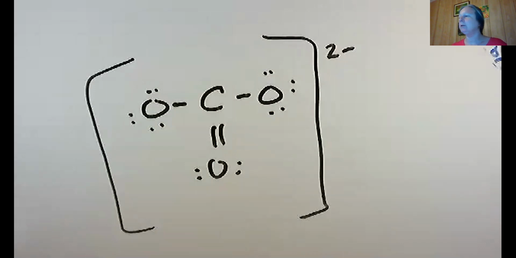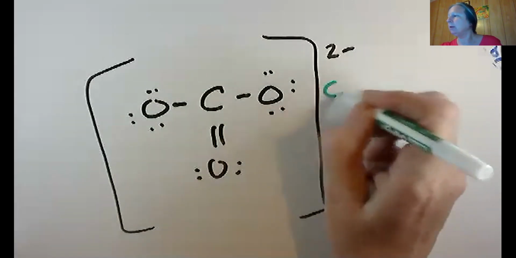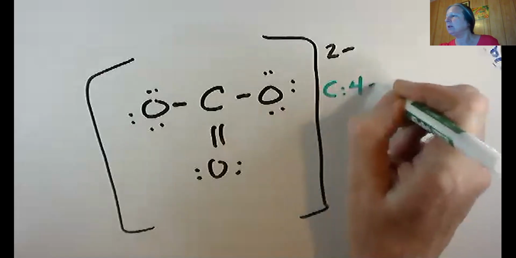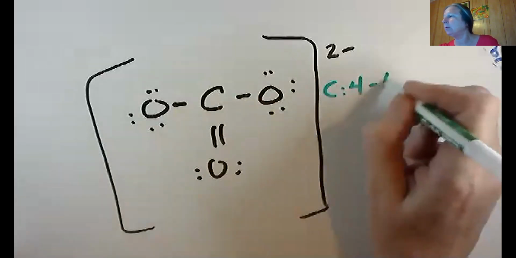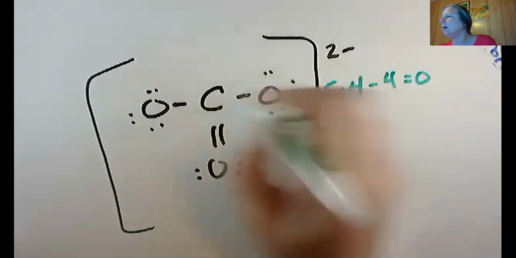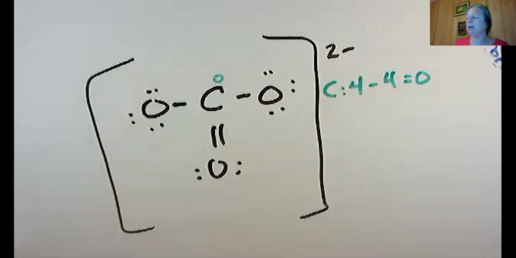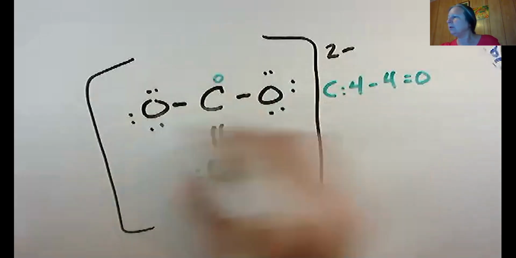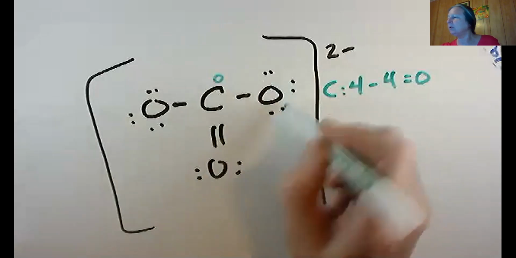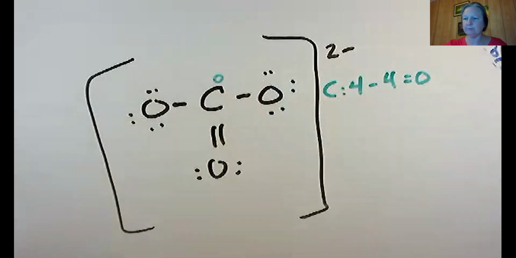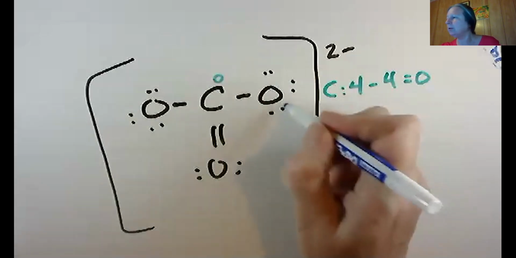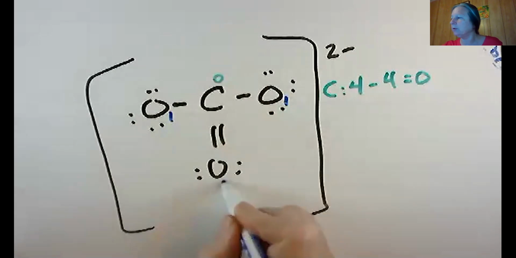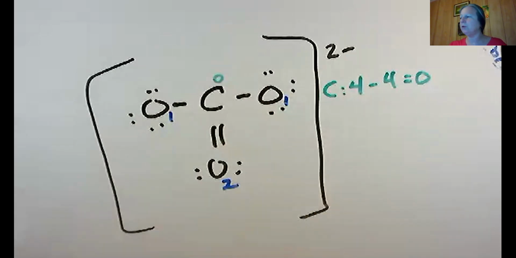So this is carbonate ion. What's the carbon? Carbon has 4 valence electrons, 1, 2, 3, 4 bonds. So that's 0. Carbon is quite often 0 because it quite often has 4 bonds. Let's do these oxygens. Oxygen 1, and this will be oxygen 2. Don't get that confused with the formal charge.